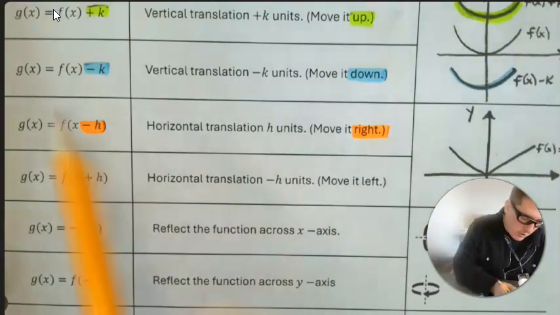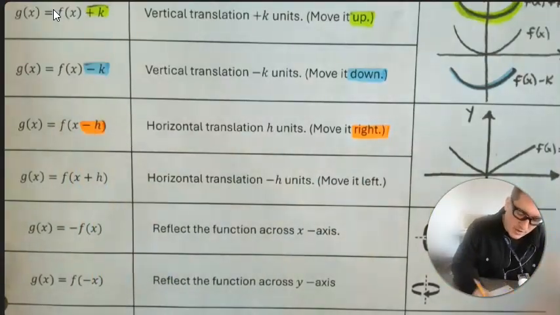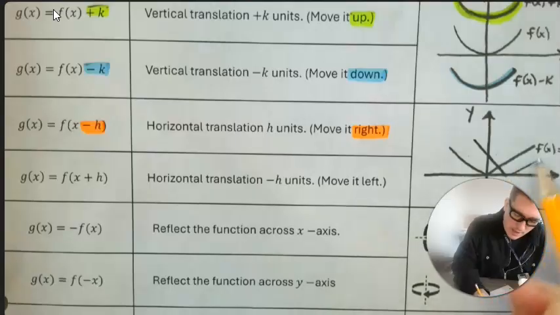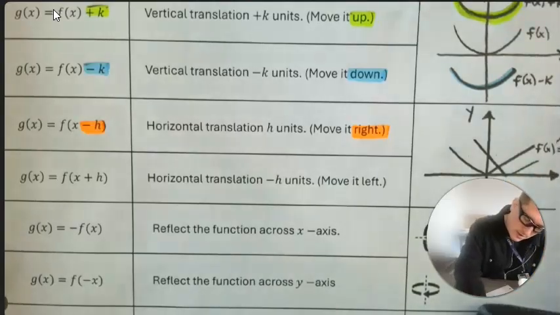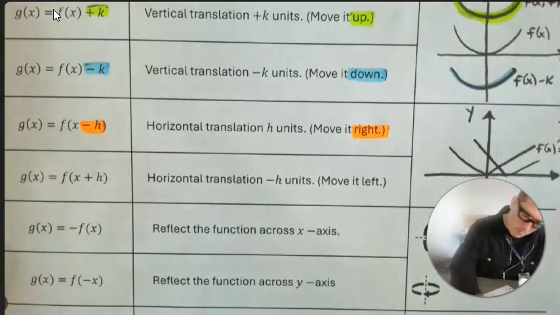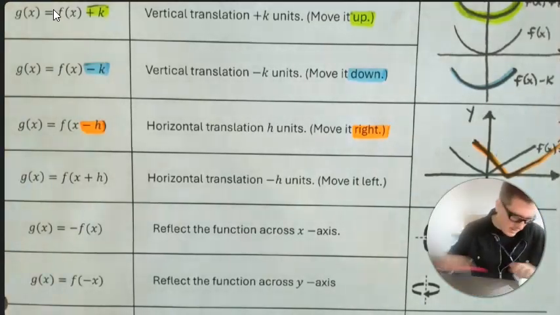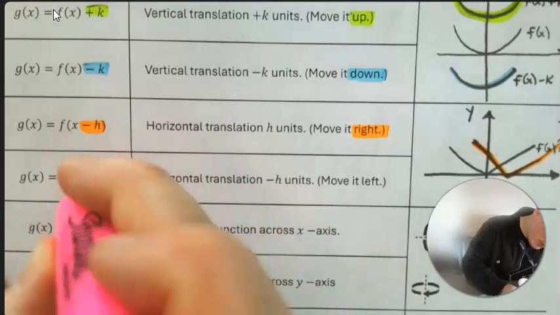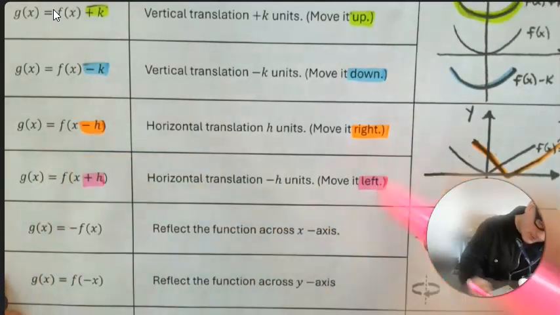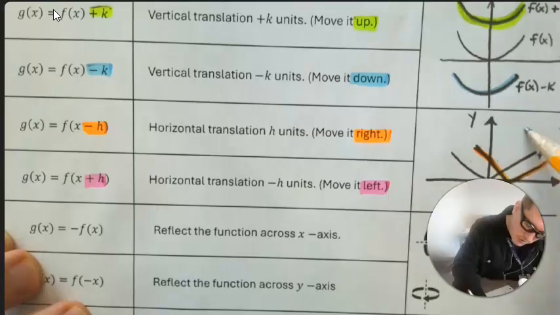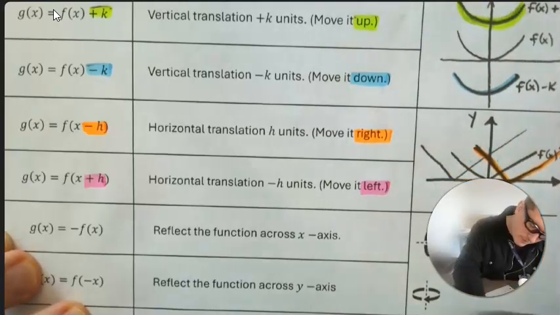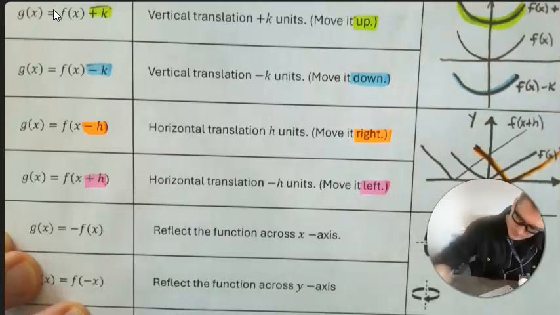So even though you associate negative with left on the number line, my absolute value function, f of x minus h, moves to the right. But if I add h, it moves it to the left, right? So my absolute value function moves over here. So this is f of x plus h.